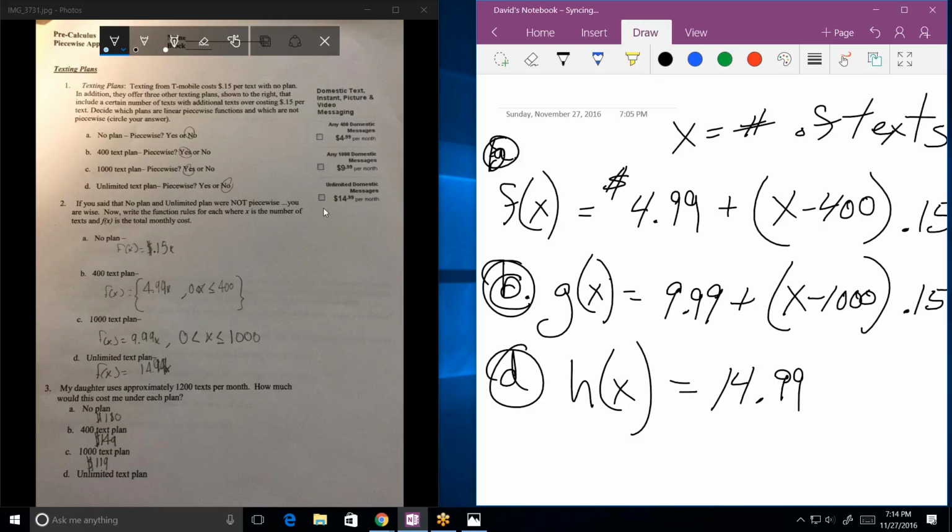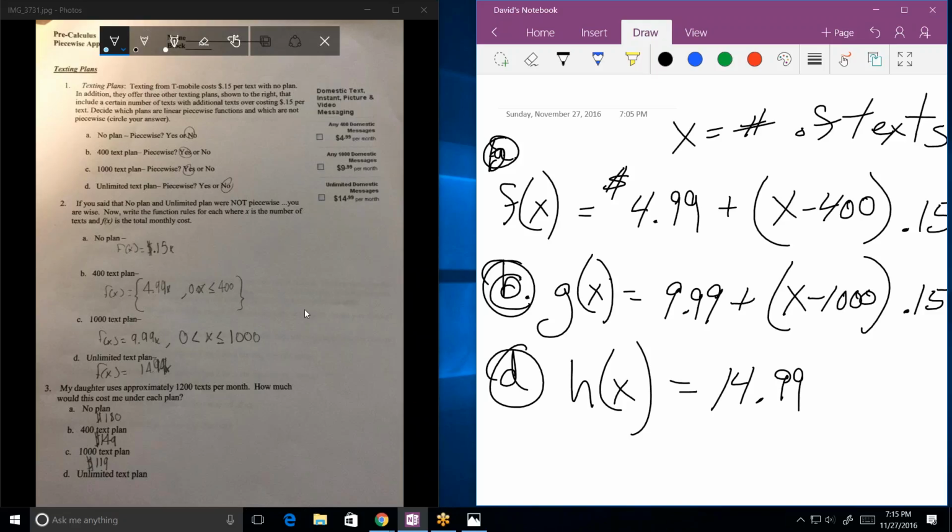It's not as if the phone company will automatically switch you over to the proper plan depending on how many texts you send out. You know what I'm saying? Right. So this notation you have here, it's actually not incorrect, but it might be incorrect if we put it all as one function with 4 different pieces. I'm not sure that that would be correct to do. Okay, because you do have to pick.